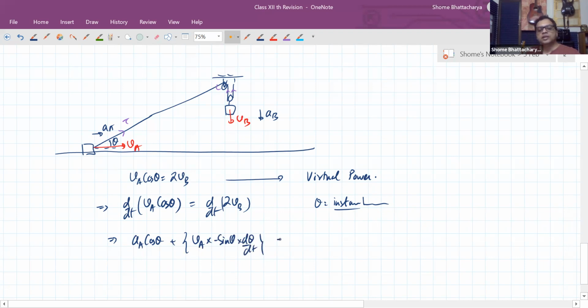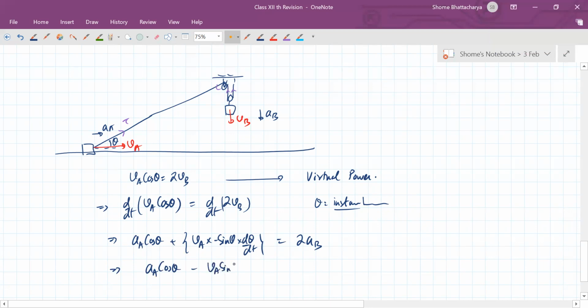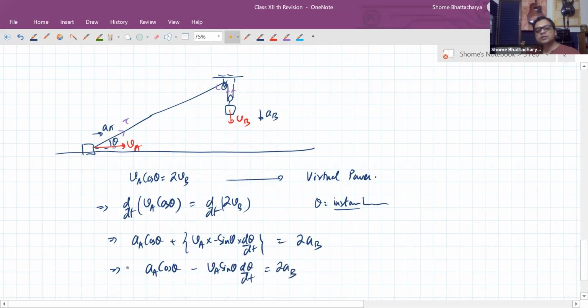That should be equal to 2 times aB. So the constraint relation is like this: aA cos theta minus VA sine theta into d theta by dt is equal to 2 aB. So we have to solve this.